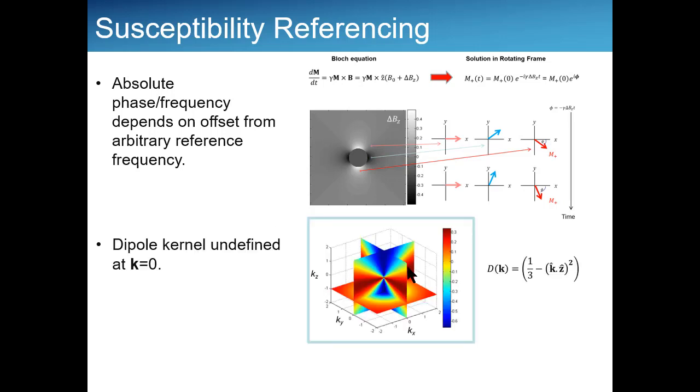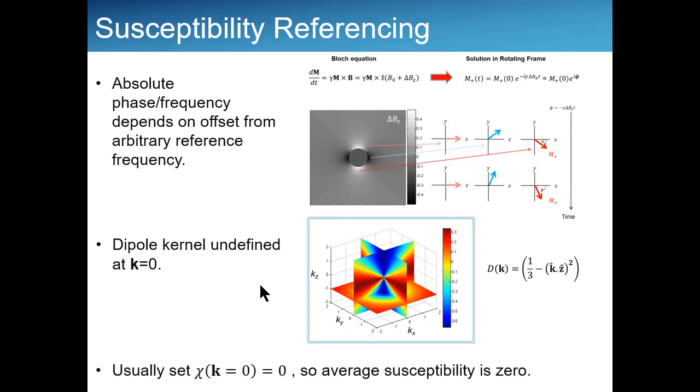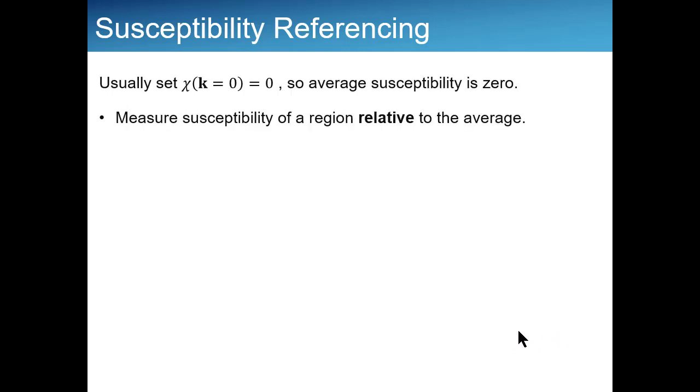And also the dipolar kernel that we use in division is undefined at k equals 0. So we can't have an accurate setting of the average value of the susceptibility. We normally set it just to 0. So what we're doing is forcing the average value of the calculated susceptibility to be 0, and we can just use that as our reference.